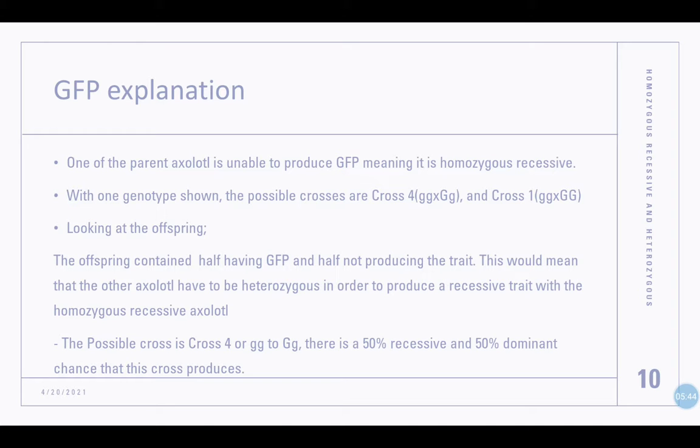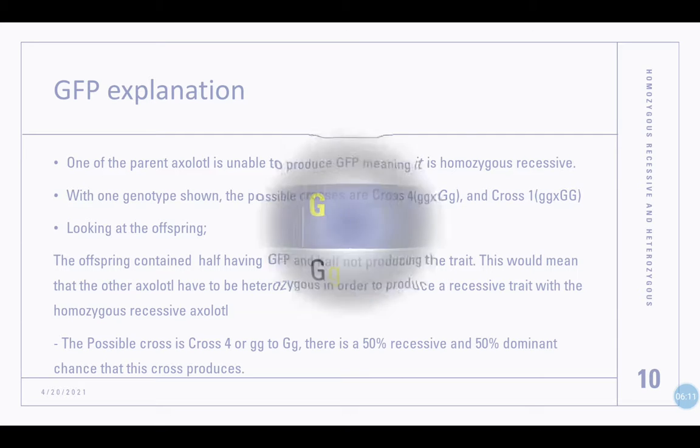So, the possible cross is cross 4 or homozygous recessive to heterozygous, since there is a 50% chance recessive and a 50% chance dominant trait. Because as shown in the offspring, there are offspring that do not have GFP and some have it. So it has to be heterozygous for it to produce GFP.